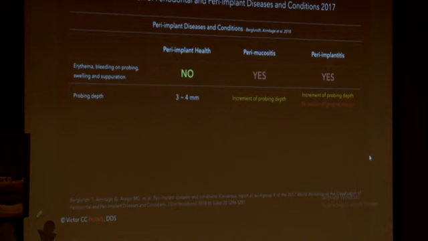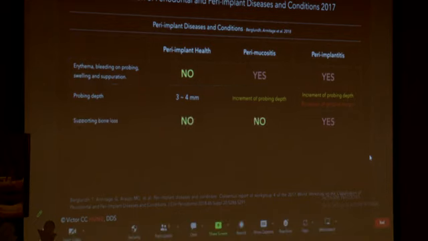In peri-implantitis, on the other hand, you have an increment of probing depth and also recession of the gingival margin. This is a sign of bone loss. When you have supporting bone loss around the implant, you could say the implant is affected by peri-implantitis.